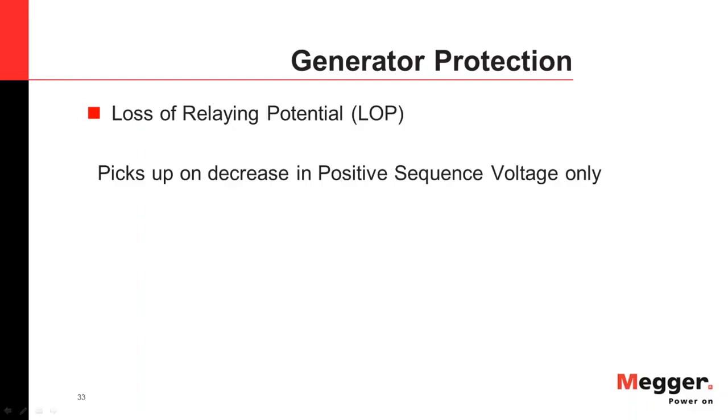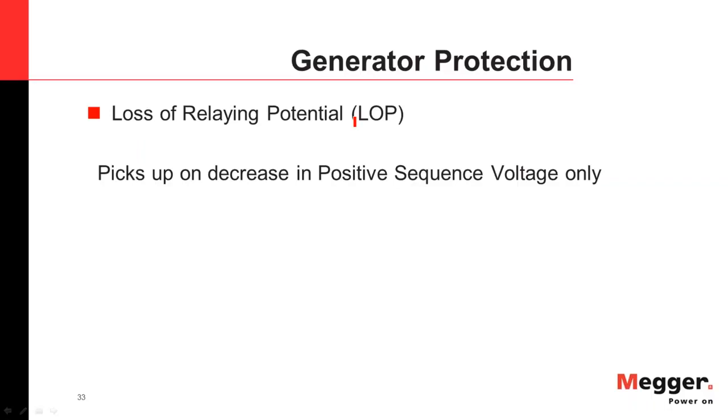So if my PTs are measuring the terminal voltage of a generator and the secondary fails, then there is no relaying potential, because the PT secondary is what gives voltage to the relay. If there is no voltage to the relay, this function will get activated and it will block my voltage related protective functions in the generator.